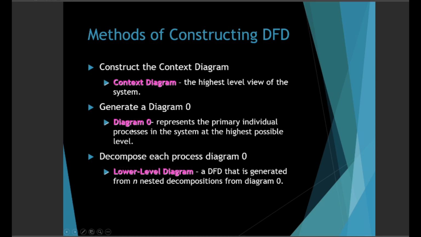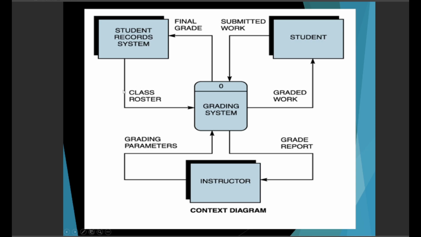The lower level diagram is a data flow diagram generated from a number of nested decompositions from diagram 0. So that means if we create a lower level diagram of the system that we just saw earlier, which is this one here.